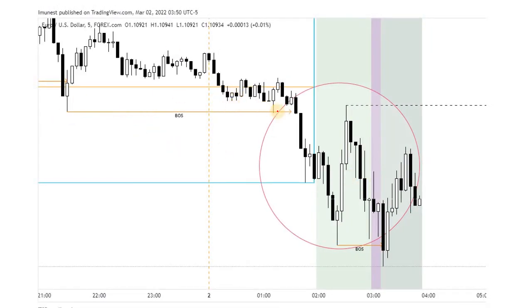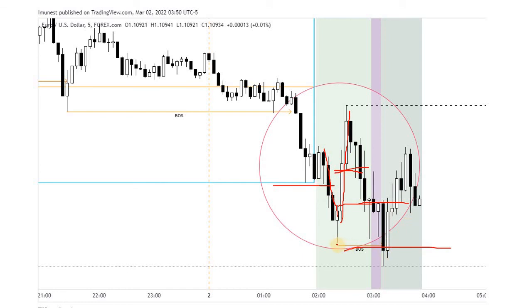We have a break of structure here, and majority of us can say, wow, this is an order block clearing the liquidity below the lows and breaking structure, and even with a nice imbalance.